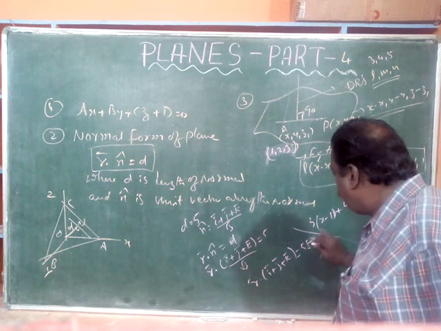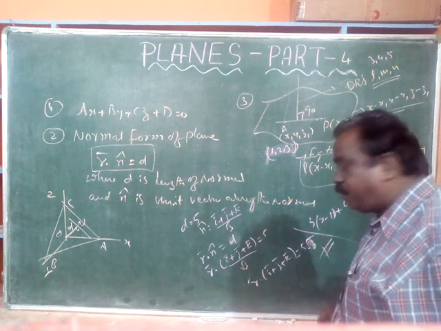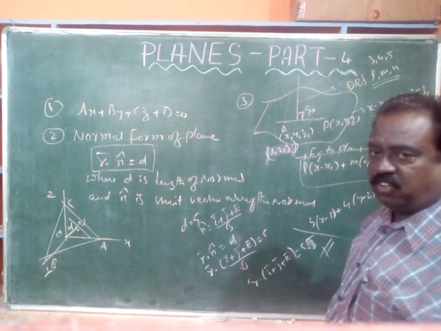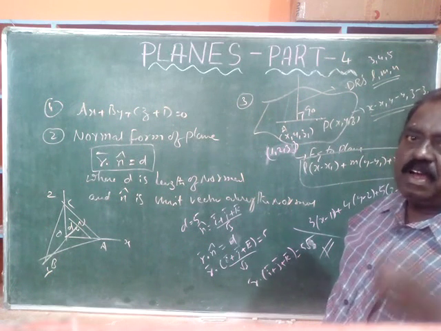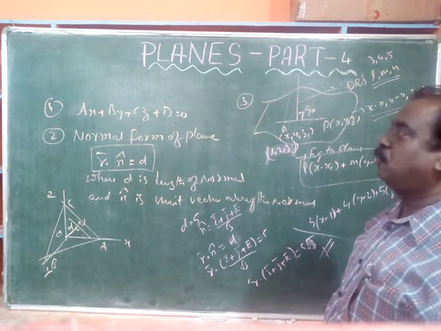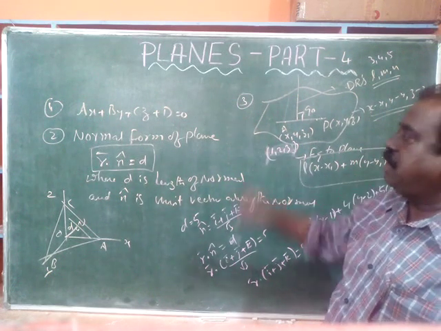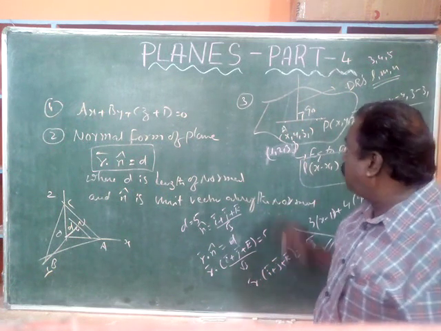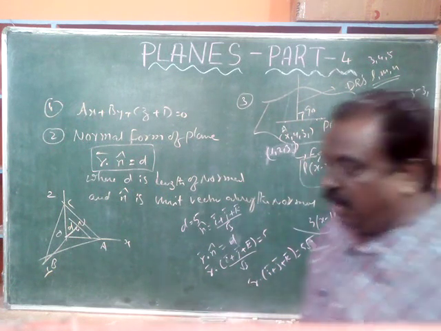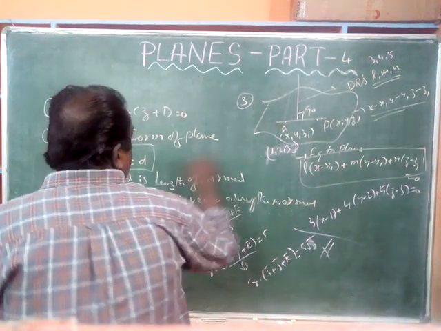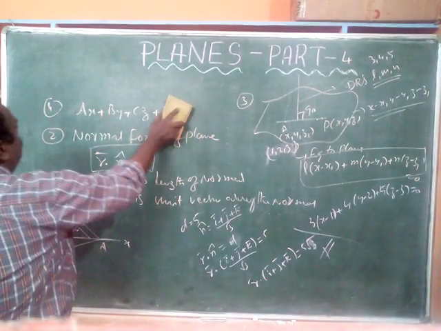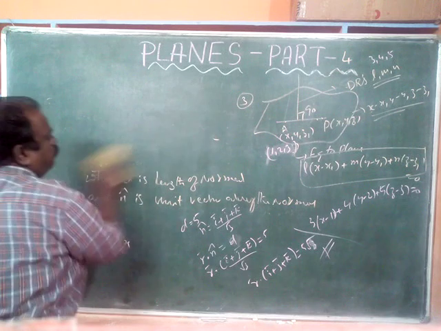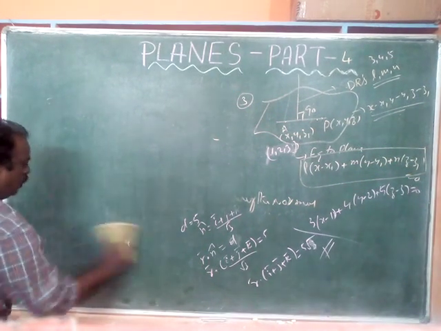If you solve the problems in the exercise, very neatly it can be understood. Right? So the first degree equation, normal form, and this third one is direction ratios of normal and plane is passing through a given point.